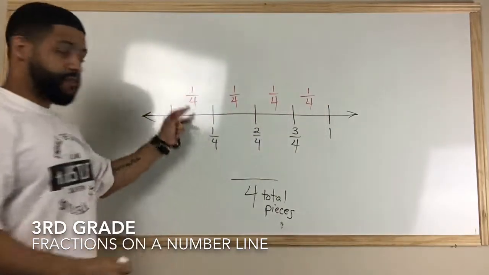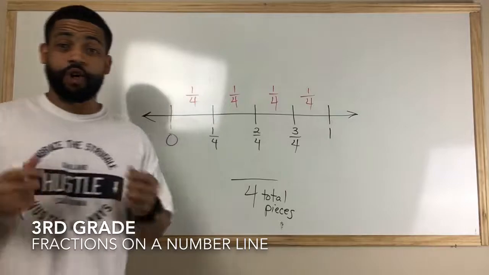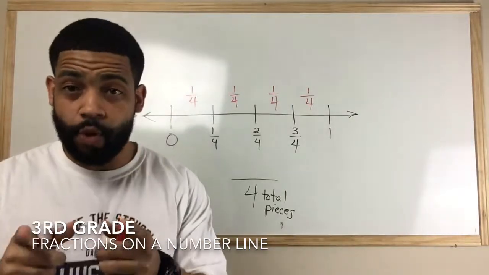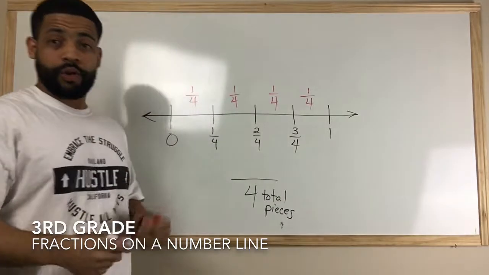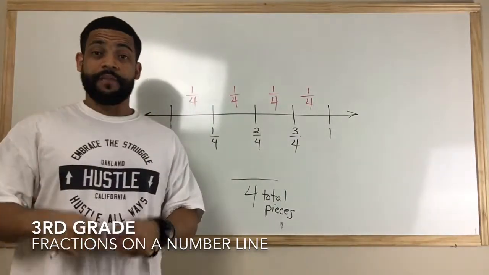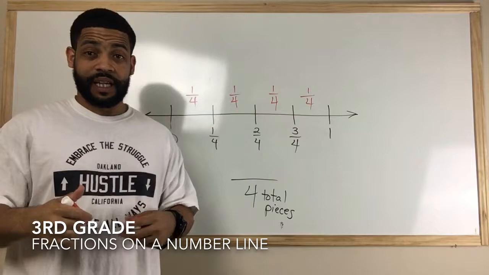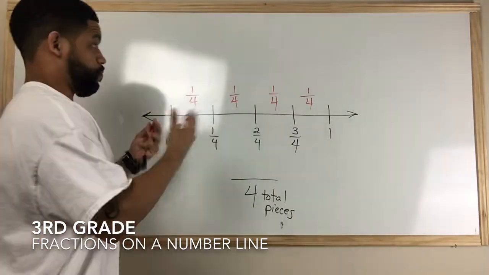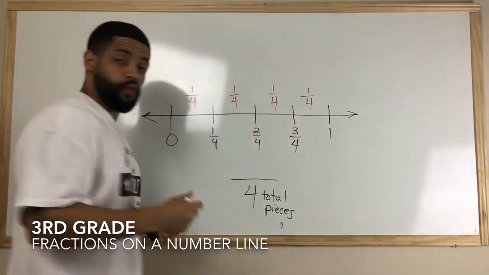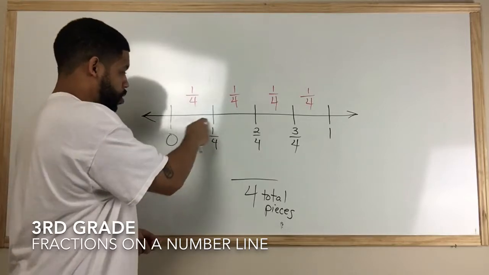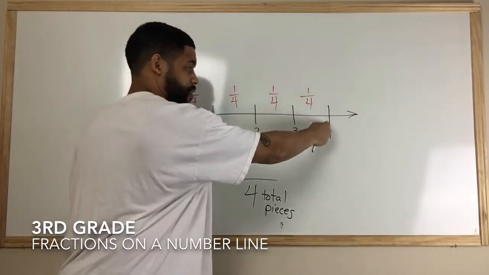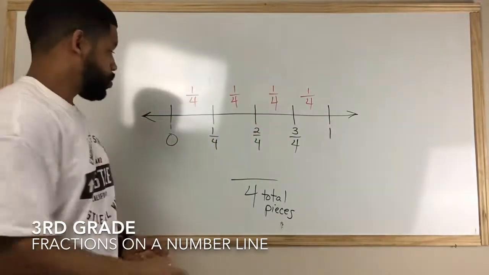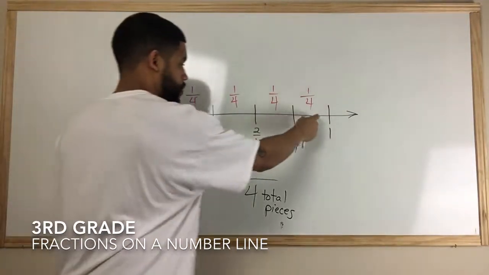So I have 4 pieces that are all the size 1/4, and when I put them all together, that is going to end up being 1. On this number line, I can mark these numbers 1/4, 2/4, 3/4, and then 1. These are all fractional pieces.